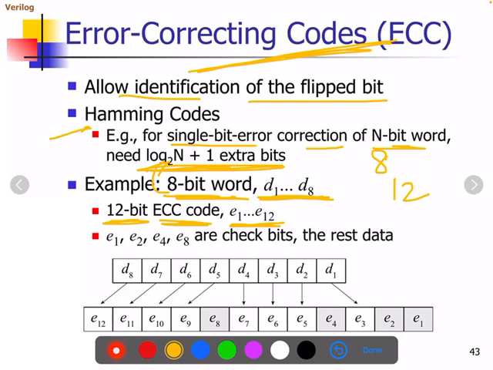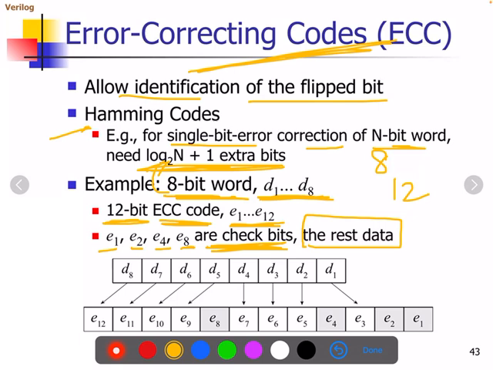Out of these 12 bits, there are some bits called check bits, which will allow us to identify whether there is an error and how we can correct that particular error. Out of these 12 bits, E1, E2, E4 and E8 are called check bits. The rest of the 8 bits are called data bits. Now have a look at the correlation between the data and the ECC code.